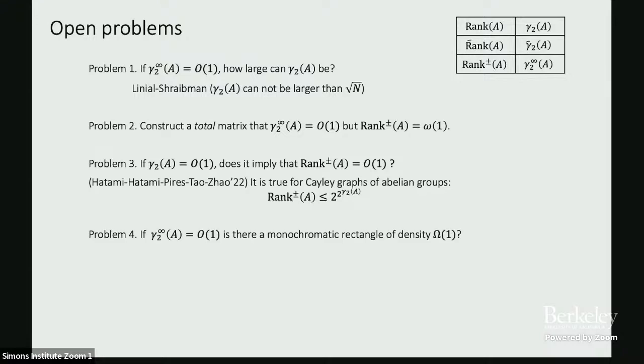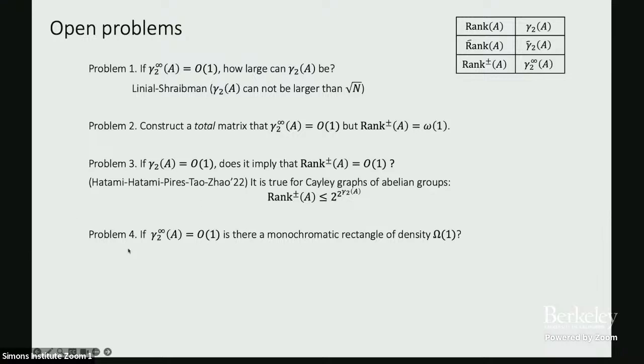And another relevant question that's not about the pair of relations is about another type of structure. You want to say, pick any of these parameters. If it's constant, can you find a big monochromatic subrectangle? So this turns out to be an extremely important problem for any choice of these parameters.